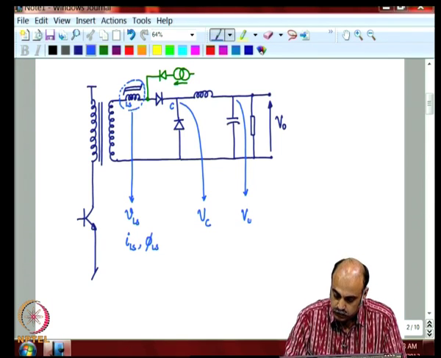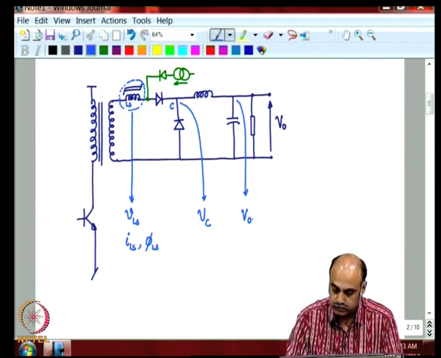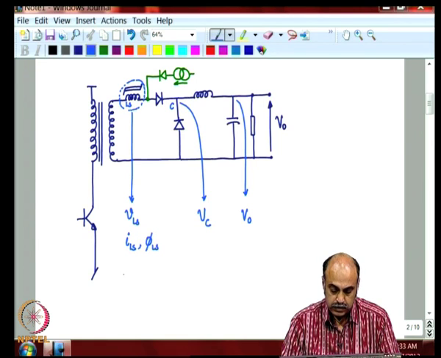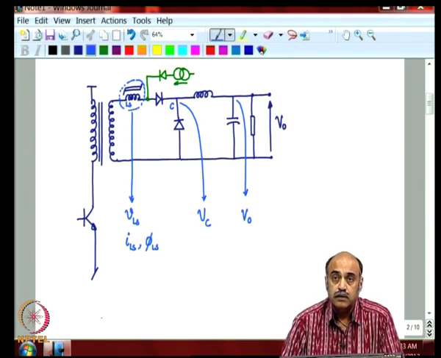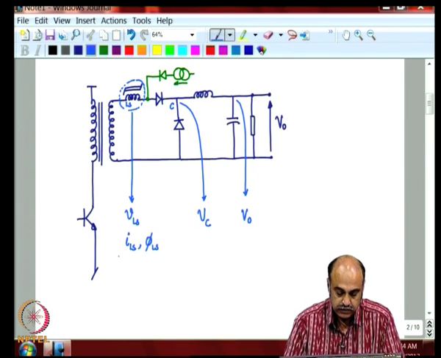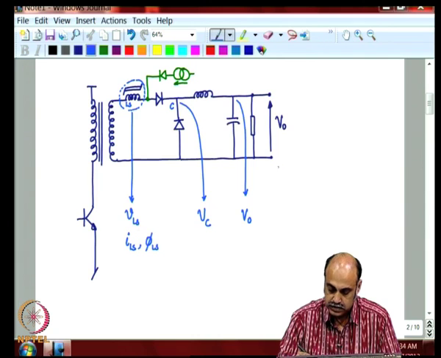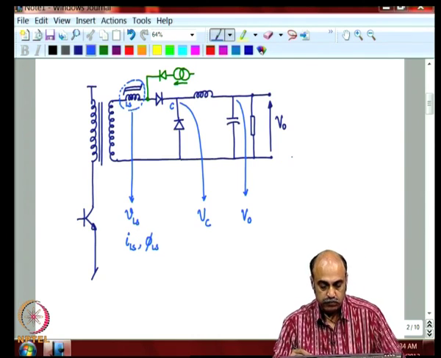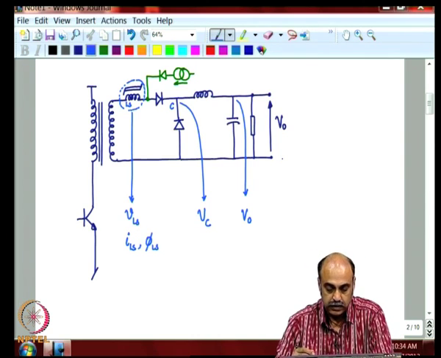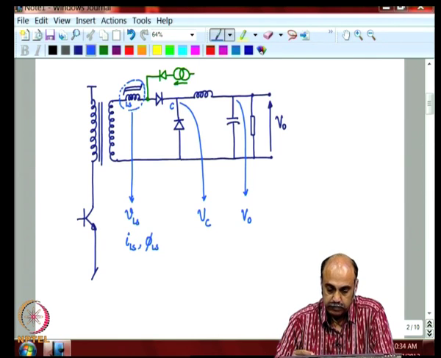Let us have a look at these parameters of the circuit, these points of the circuit where we can study the waveforms and try to understand this particular magnetic amplifier circuit.